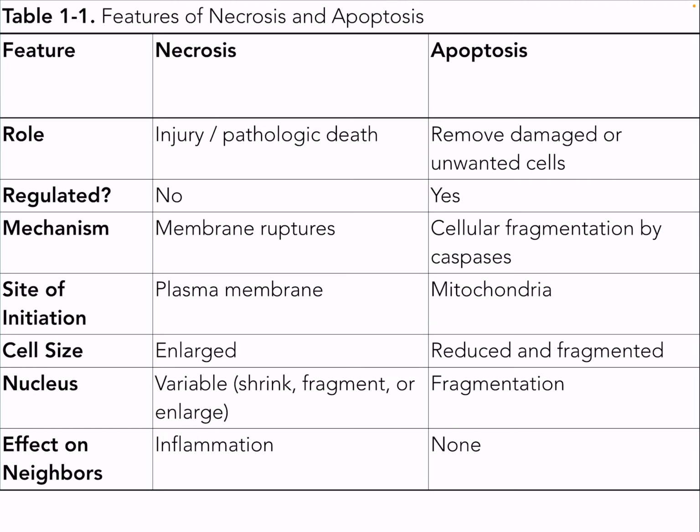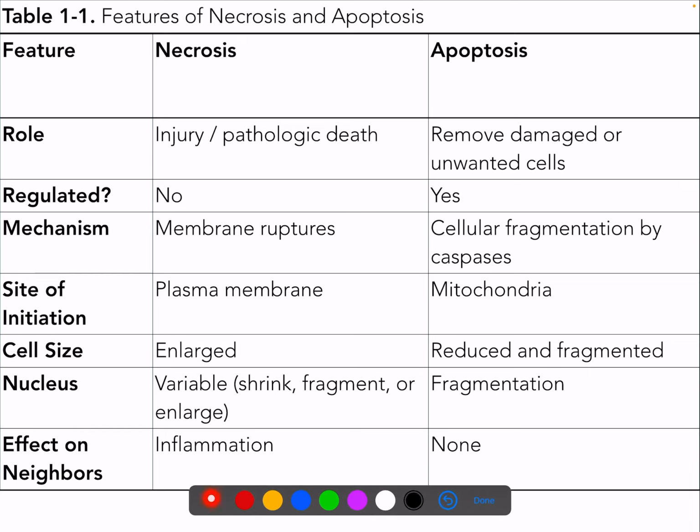Necrosis is caused by injury, most commonly. So this is considered a pathological form of death. So let's say you get a cut on your hand here. That cut causes necrotic death of the skin cells.